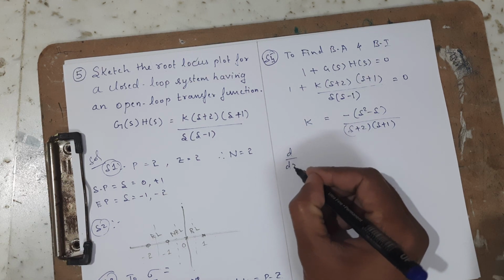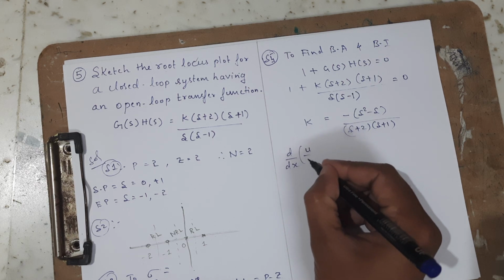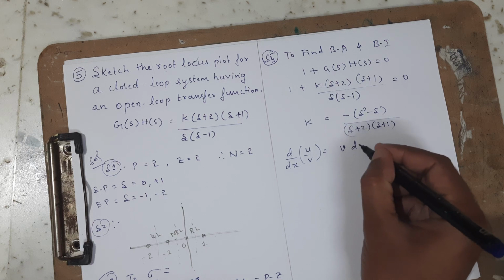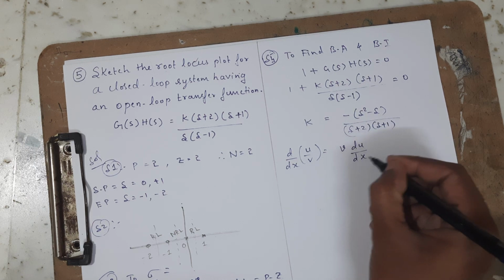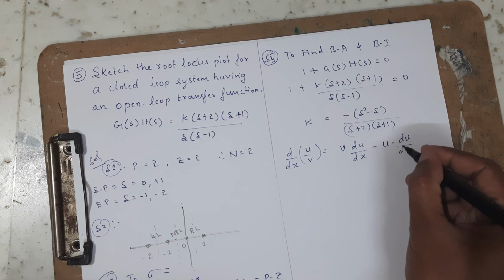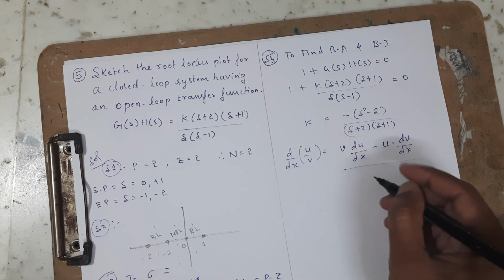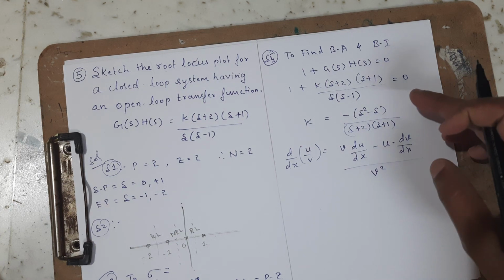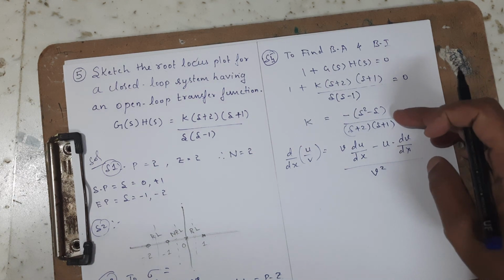d by dx of u by v is equal to (v du by dx minus u dv by dx) divided by v square. So this is the quotient rule I am going to apply to this.